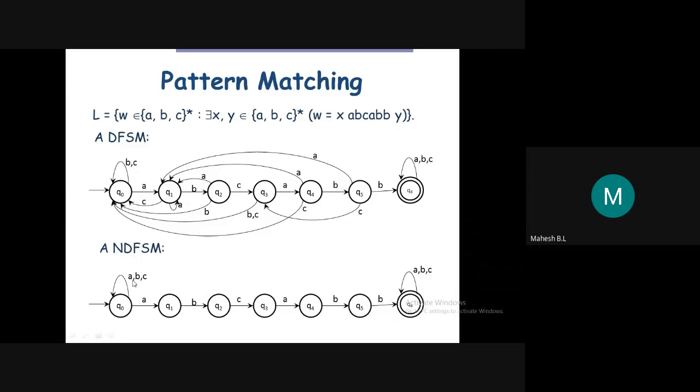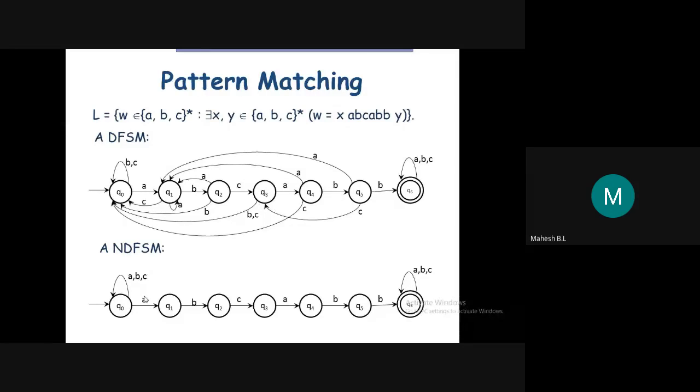You are going to consider only the transitions which are needed. Also, you may have multiple transitions on one state with the same symbol. See, for Q0, there are two transitions labeled with the same symbol. One is from Q0 to Q1, another is from Q0 to Q0. That is okay in an NDFSM. So you may have multiple transitions with the same label from a single state.